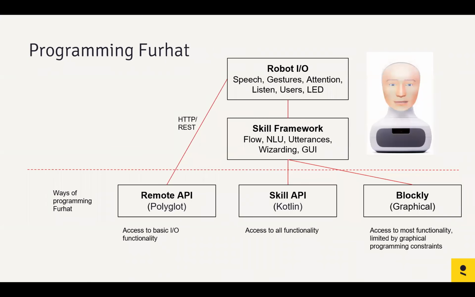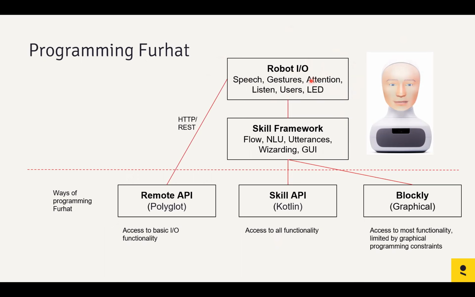So, using the Furhat SDK, there are actually different ways of programming the Furhat robot. If we look at the most fundamental things that you can control with the robot: you can make the robot say things, do gestures, shift attention, listen and access the users that are in front of the robot, and control the LED of the robot.